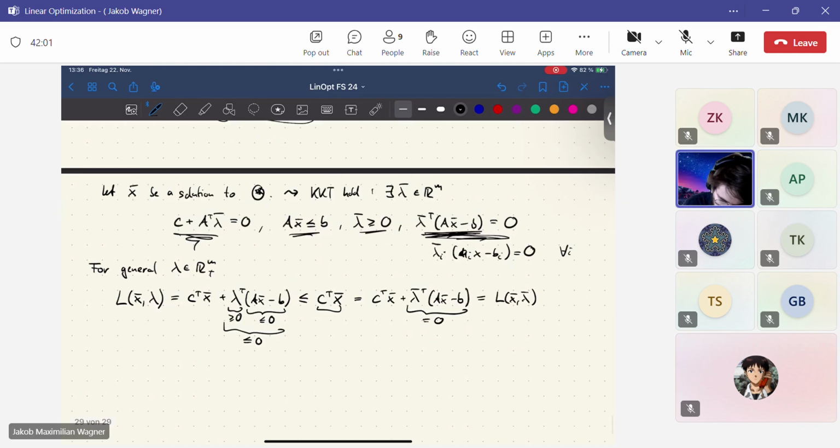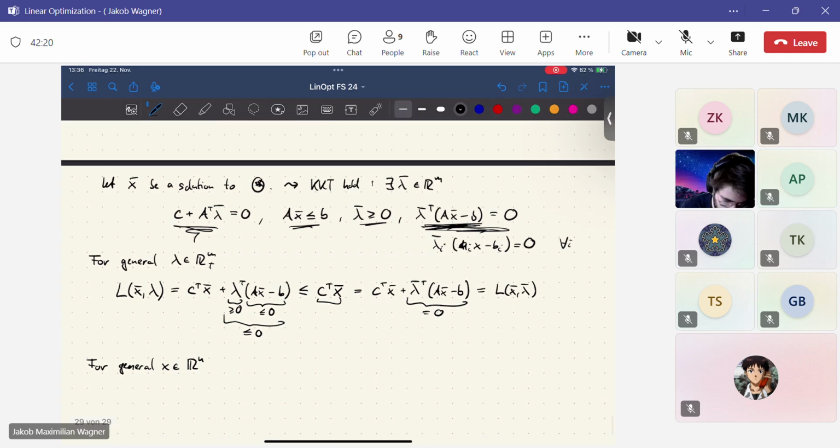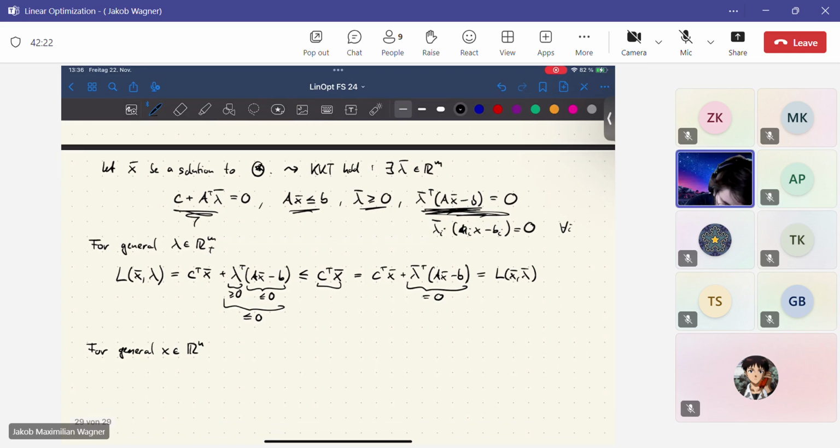Now to show the other direction, we need that for general X in Rn, this value becomes larger. Or we will actually show that it stays the same. So if we have a look at L of X bar and lambda bar, we can again write this out.